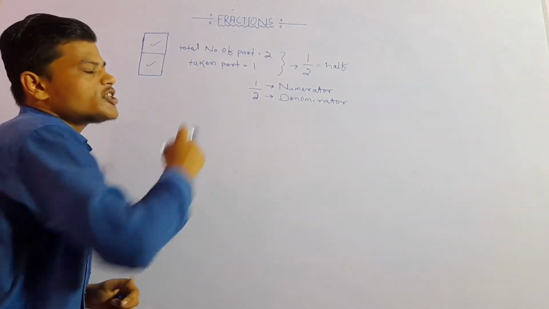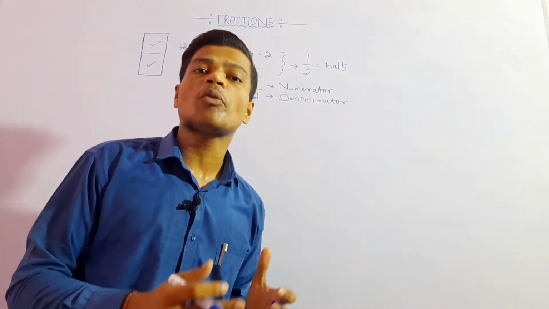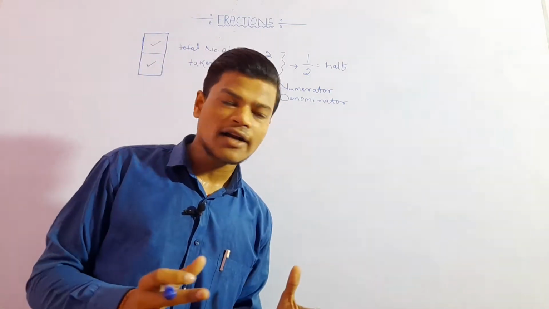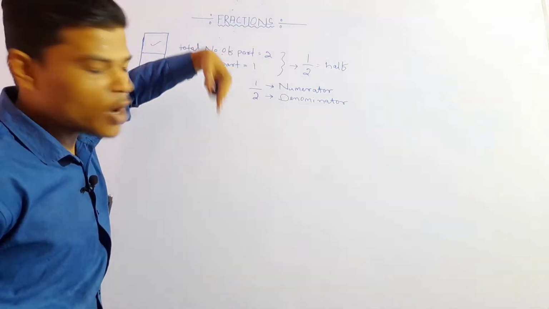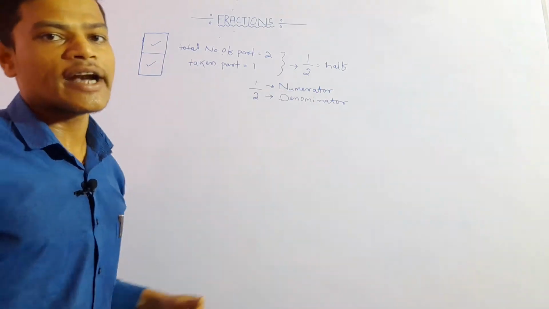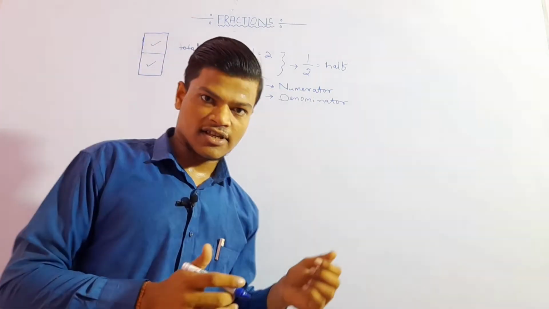Here the denominator is 2. Denominator means the total number of divisions of a whole, and the taken part, that is 1, above the dividing line, is known as the numerator. Numerator means the chosen part.